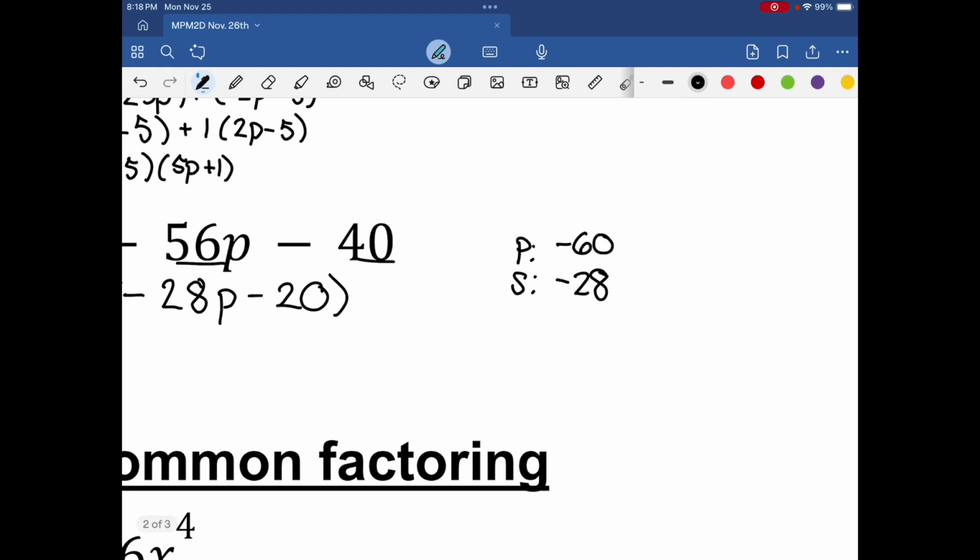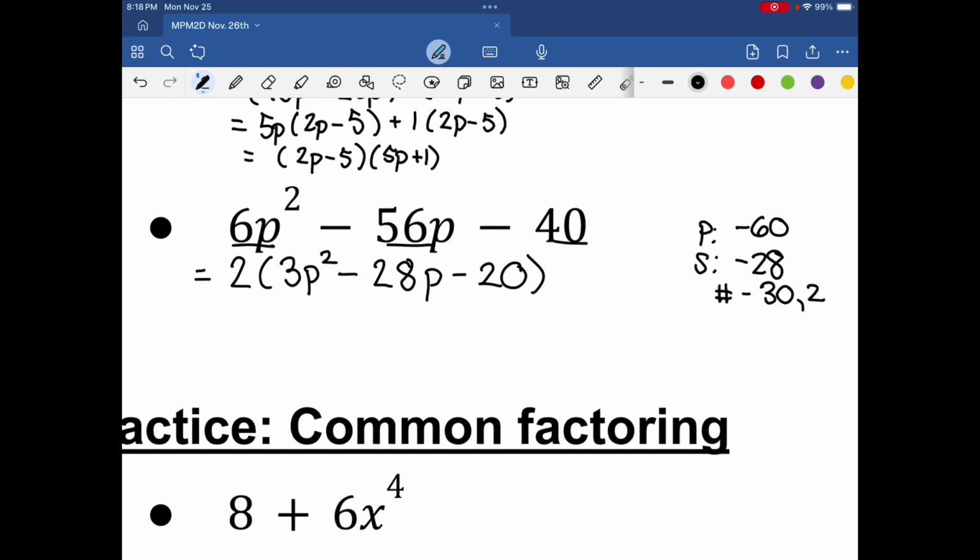Two numbers, which I think are negative 30 and 2, but I'm saying I think, so I just want to verify that. Negative 30 times 2 gives me negative 60, and negative 30 plus 2 gives me negative 28. So yes, I did find my numbers.